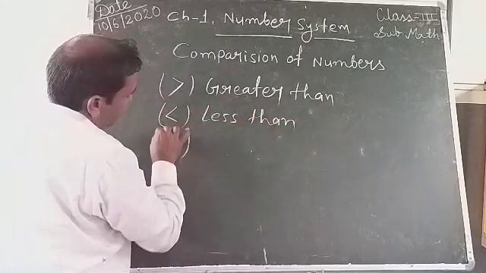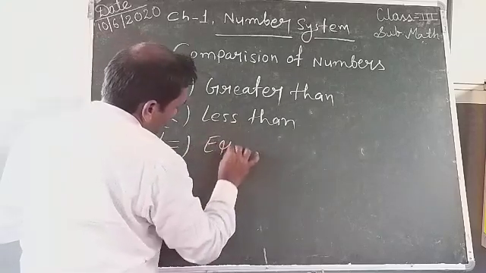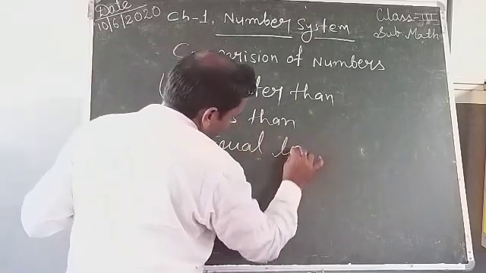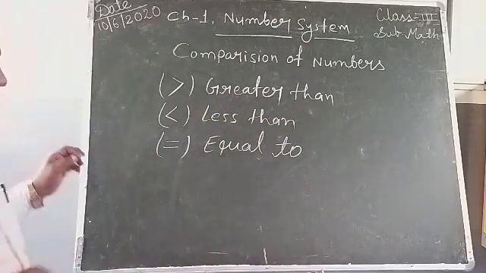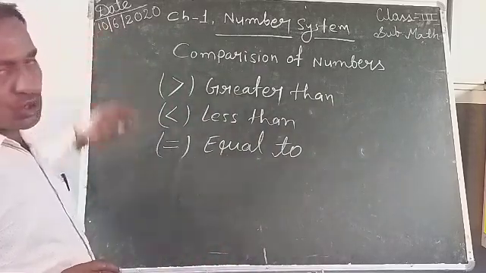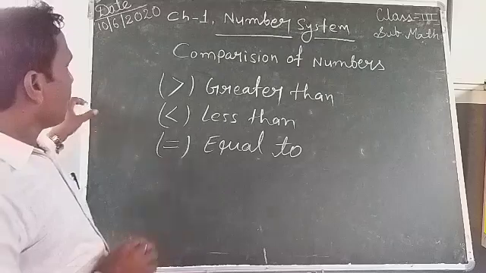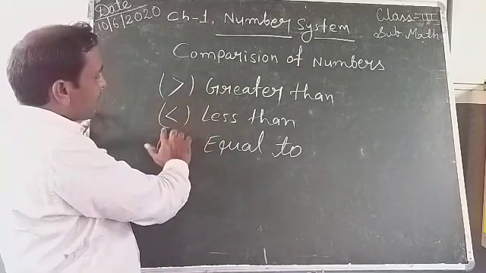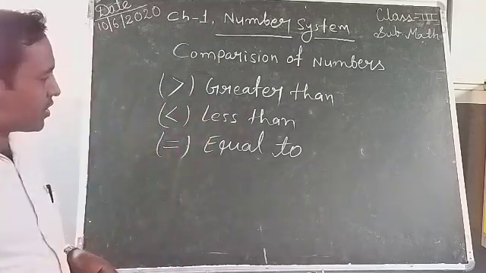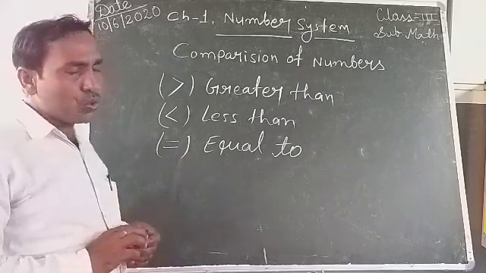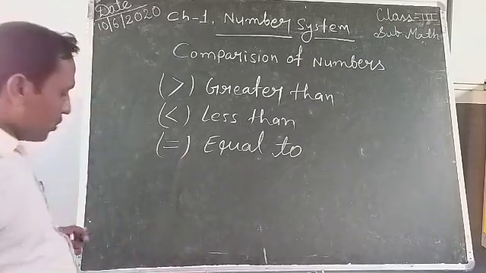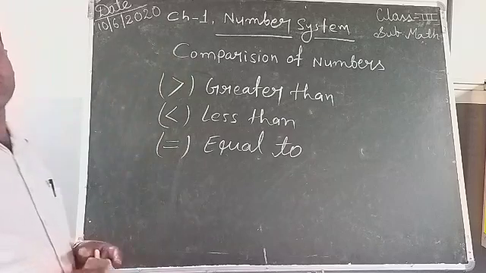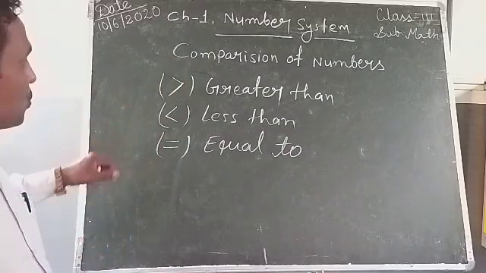Third, this sign is equal to. These three signs are important when you compare any two numbers. Today, how do you find which number is greater and which one is smaller? This topic I will teach you next.